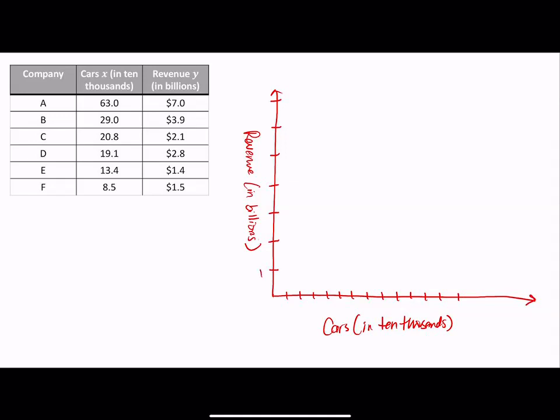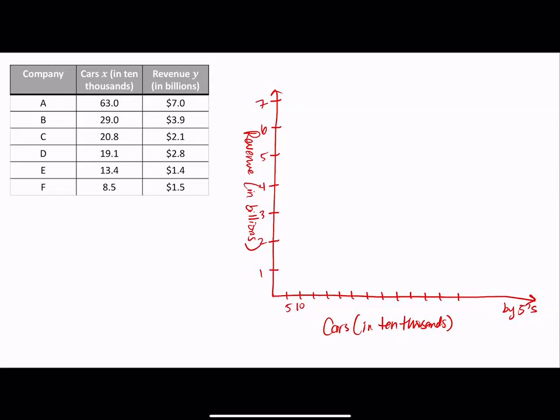And I can write them 2, 3, 4, 5, 6, 7. You can write these down here too. And we could say 5, 10, you can write 15, 20, 25, 30. I'm just going to write down here it's by 5s. So I'm not going to waste time labeling every single mark when I know that it goes by 5s.